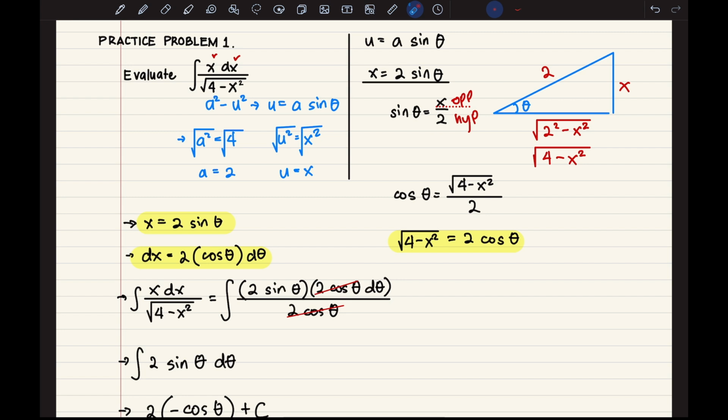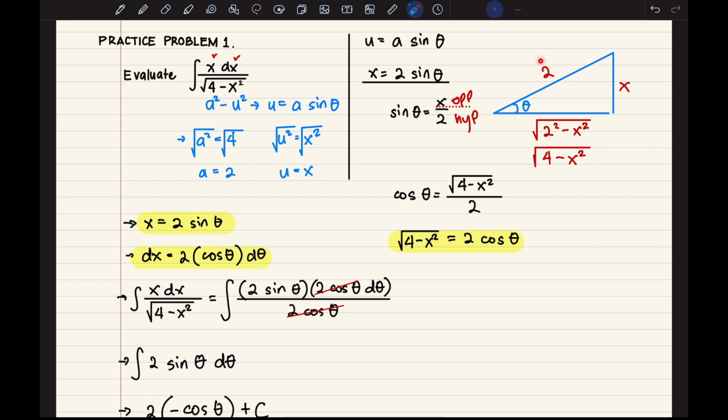Now to draw the corresponding right triangle for x equals 2 sine theta, we simply rearrange this equation to get an equation for sine theta. Dividing both sides by 2, sine theta is equal to x over 2. And from the concept of SOHCAHTOA, we know that sine theta is equal to opposite over hypotenuse. So x will be the opposite side of the right triangle, and 2 will be the hypotenuse.